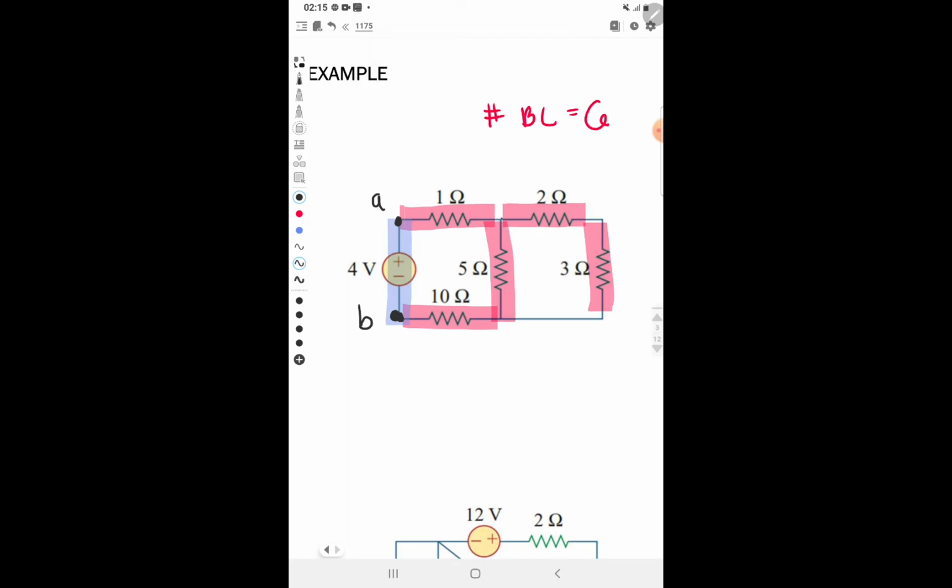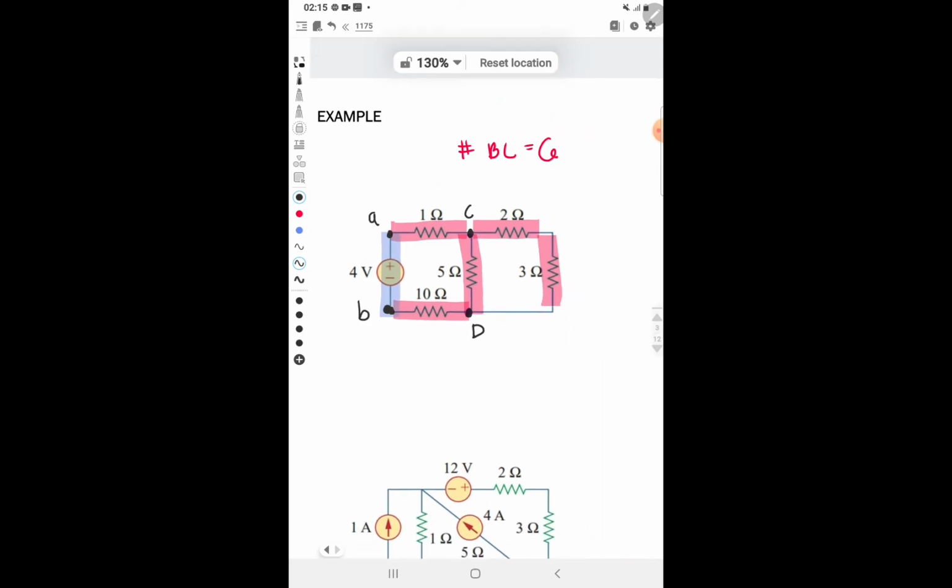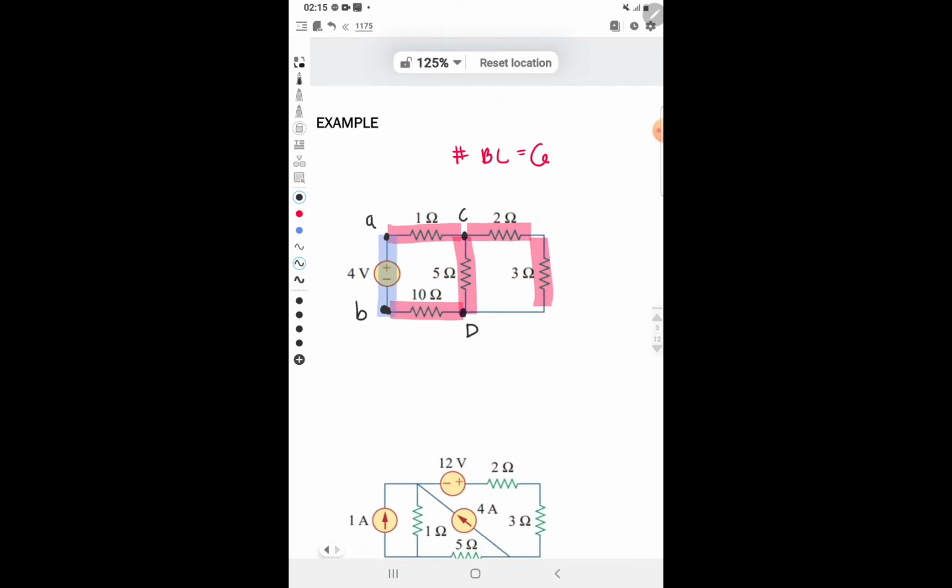Let's say this will be our C, D. And then of course the interconnection of 2 ohms and 3 ohms, which is E. From here we have 6 elements. Okay, and then from here we have number of nodes.